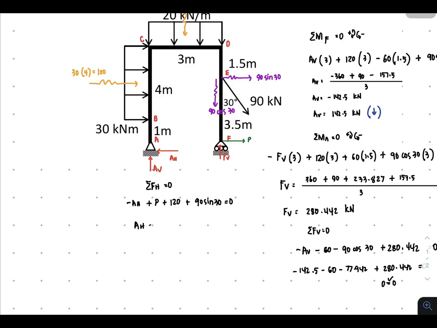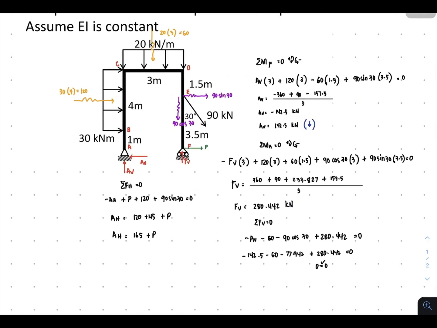So your AH is now 120 plus 45 plus P. So this is 165 plus P. Okay, that is your reactions: AH, A vertical, and FV.